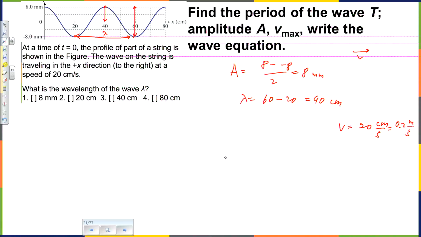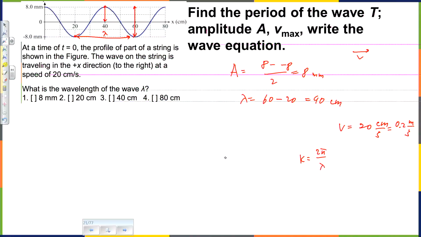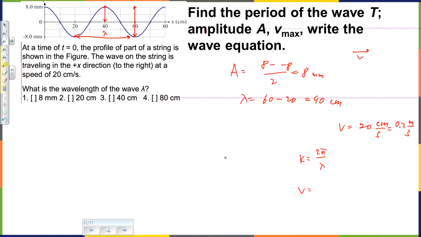We can calculate the wave vector 2 pi over lambda. Now, speed. There are two, I would say, equally convenient relationships between speed, wavelength, and what? Well, it depends. We can use an expression like this, but very often, and we will see soon, the second equation is more convenient.